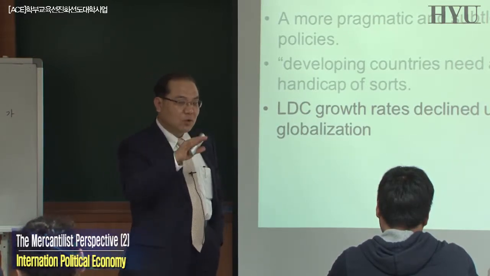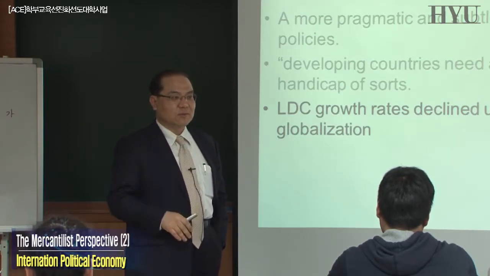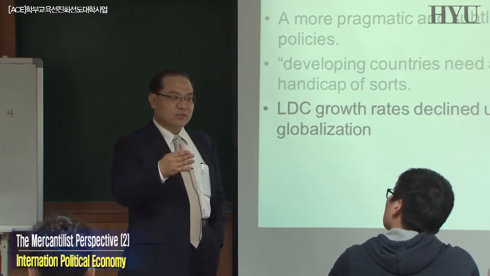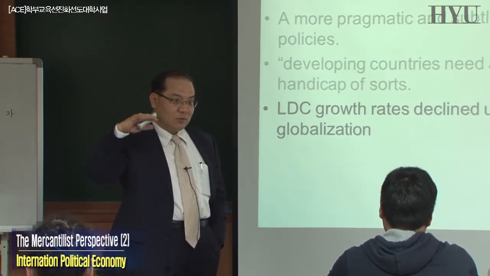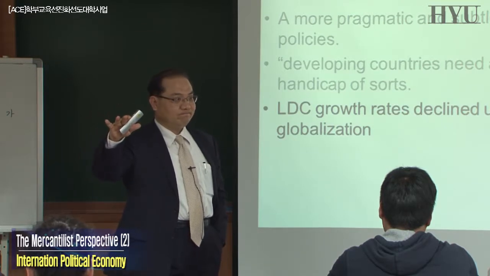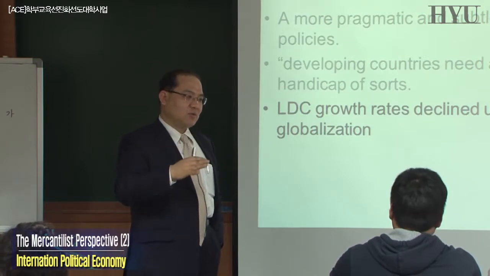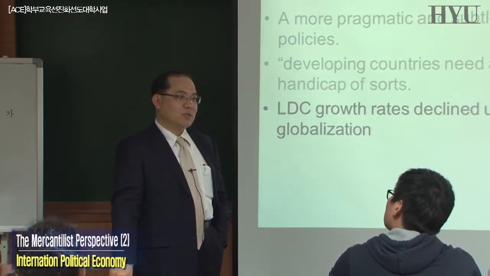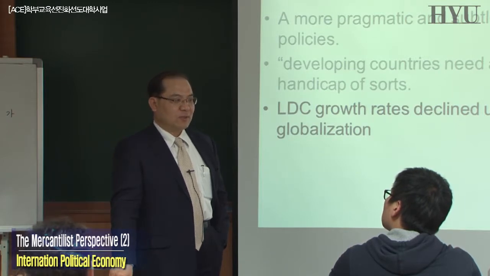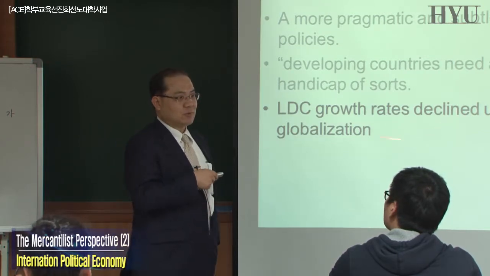So these are smaller arguments. Or how about privatization? If you privatize the industries, then economic growth. So there are many smaller arguments which have not been tested rigorously. Even this big argument is very ambiguous.